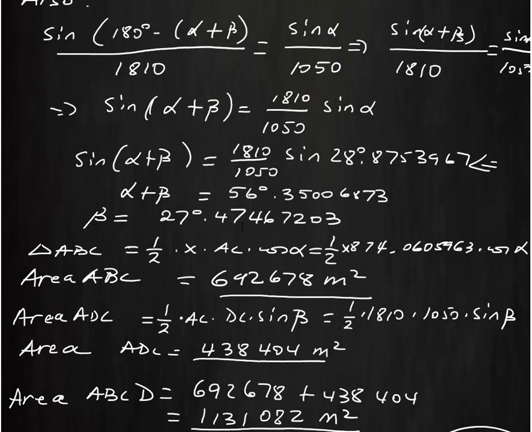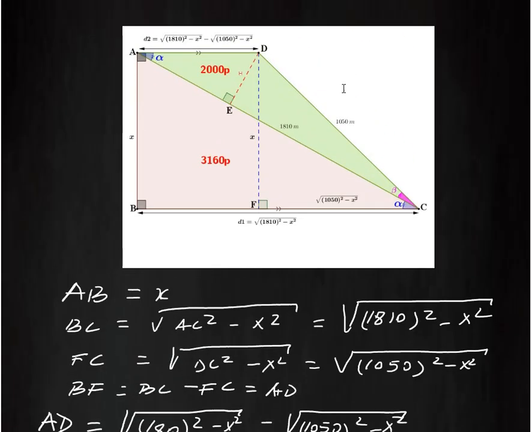We find beta. Now for the area of ABC, if we go to ABC here, if we consider this angle here as the included angle, this angle is 90 degrees minus alpha. That means the sine of it is cosine of alpha. So we will use x and AC as sides and this angle as the included angle.